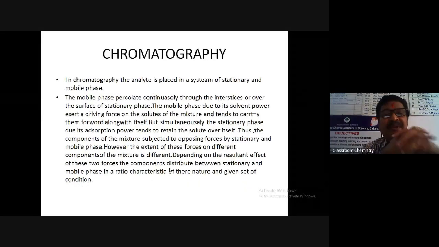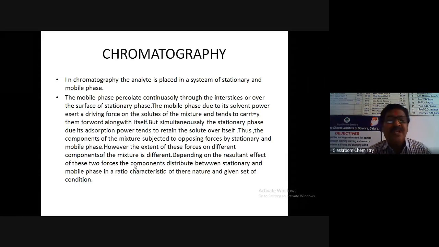Then in chromatography, the analyte is placed in a system of stationary and mobile phase. The mobile phase percolates continuously through the interstices or over the surface of the stationary phase. The mobile phase, due to its solvent power, exerts a driving force on the solutes of the mixture and tends to carry them forward along with itself. But simultaneously, the stationary phase, due to its adsorption power, tends to retain the solute over itself.